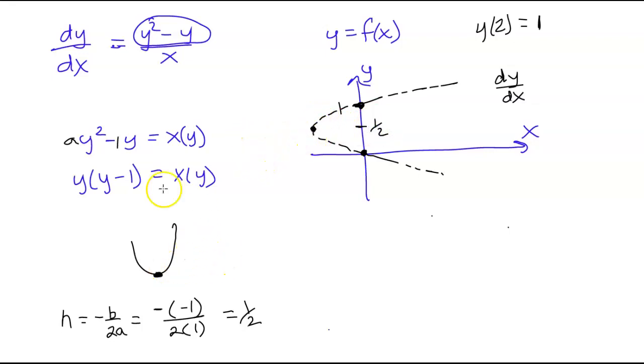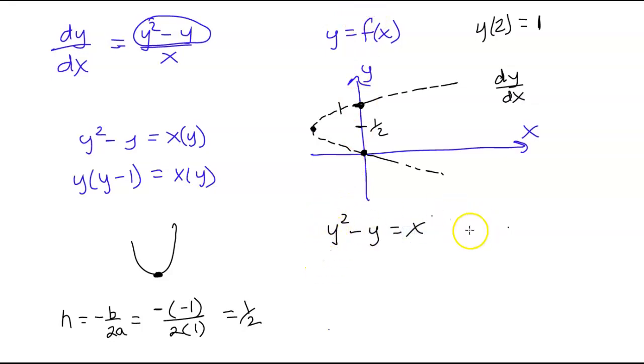Now, if I take this y value of 1/2 and plug it into my function, I'm going to figure out what the corresponding x value would be. So we have y squared minus y equals x.